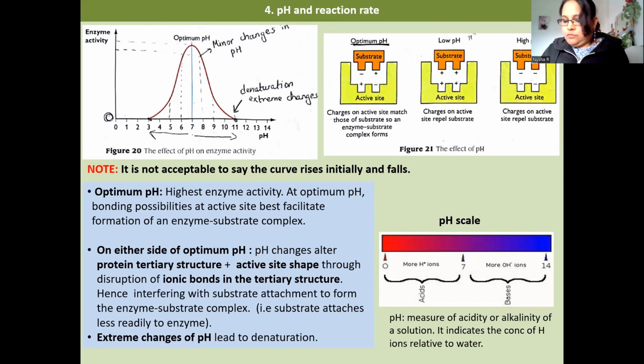The ionic bonds that are disrupted can reform if the pH returns to the optimum as it was. But that's with pH. With temperature, we can't reform the hydrogen bonds and ionic bonds that are disrupted.